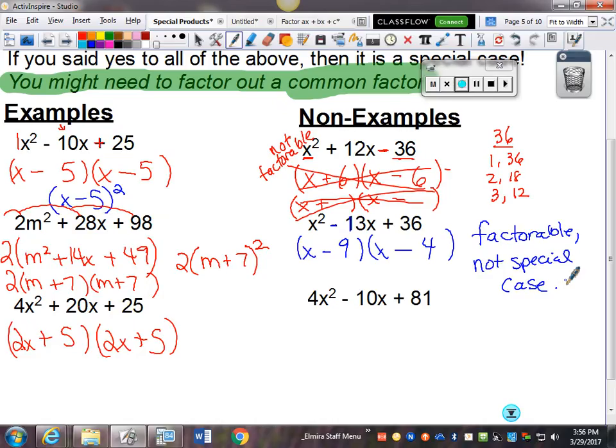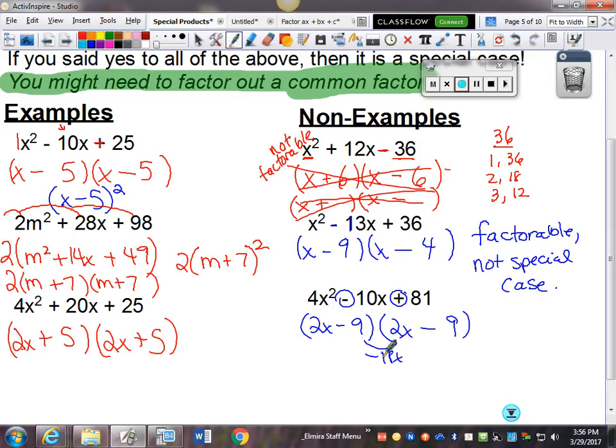Okay, our last one. Perfect square. 81's a perfect square. Sign's the same. Must add up to negative 10, so 2 minuses. Sadly, minus 18x and minus 18x, they do not make a minus 10.